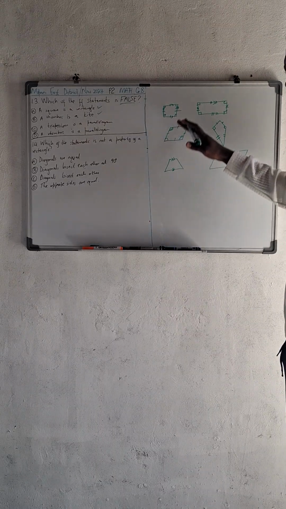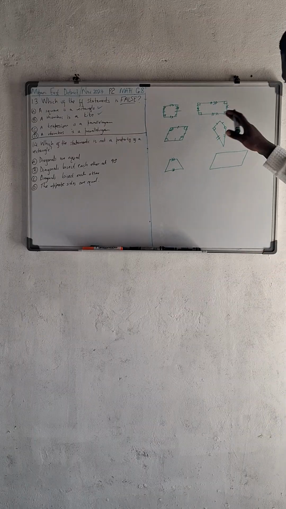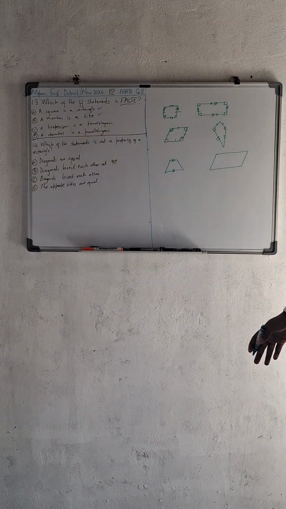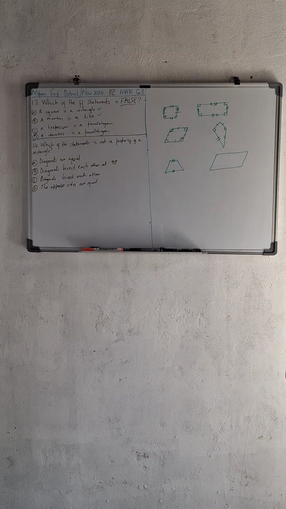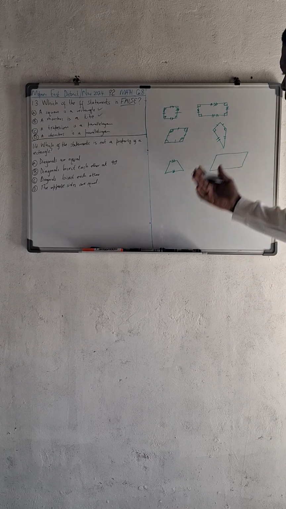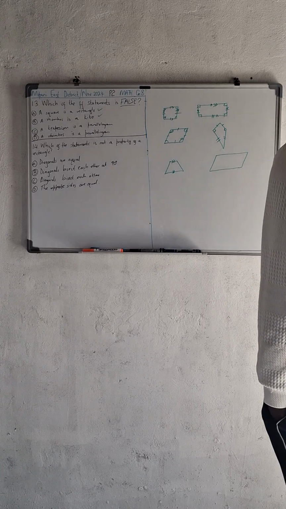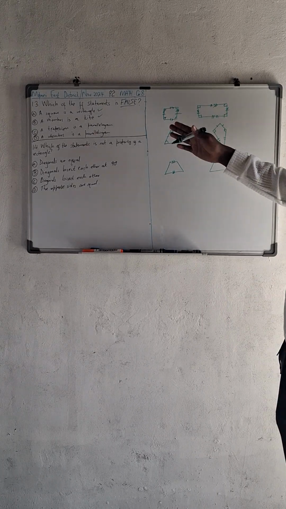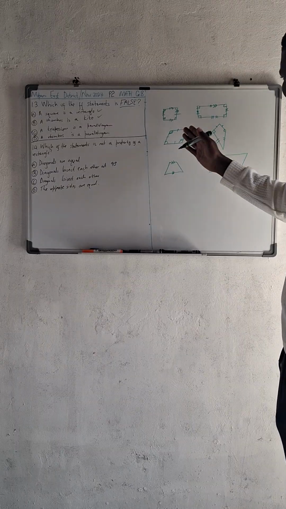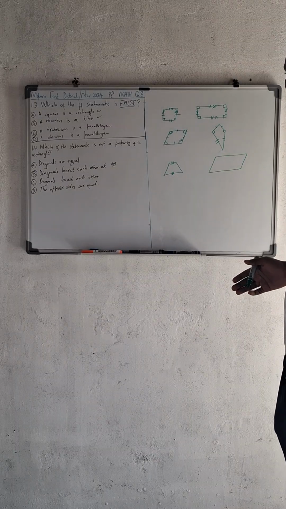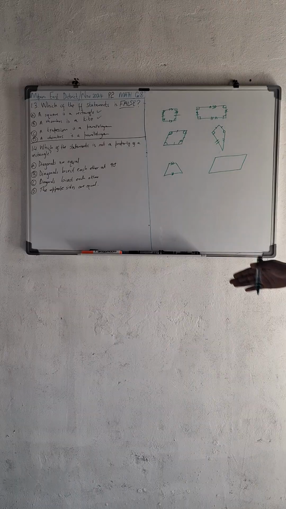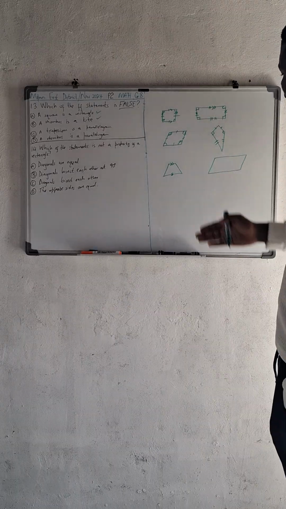A trapezium is quite different from the other shapes. They are very interesting, but a trapezium is a lone wolf. It fights its own battle alone, because these other shapes have a relationship, especially a kite and a rhombus, a square and a rectangle, a square and a rhombus.